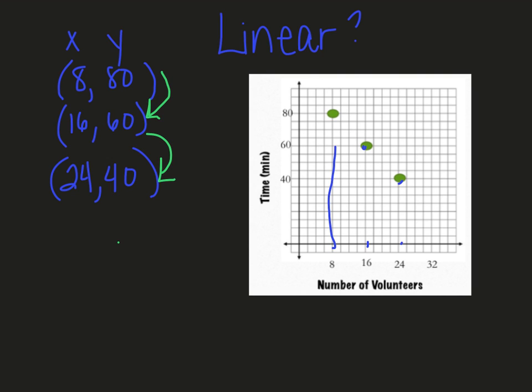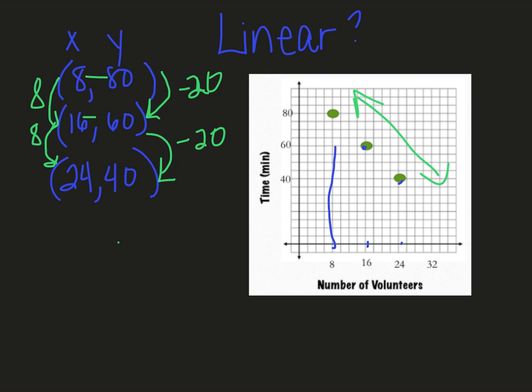80 to 60 it goes down 20, right? And then from 60 to 40, it goes down 20. And you'll be able to tell after a few lessons that that's going down. And then, well, you can see that 8 to 16 goes up 8. 16 to 24 goes up 8.